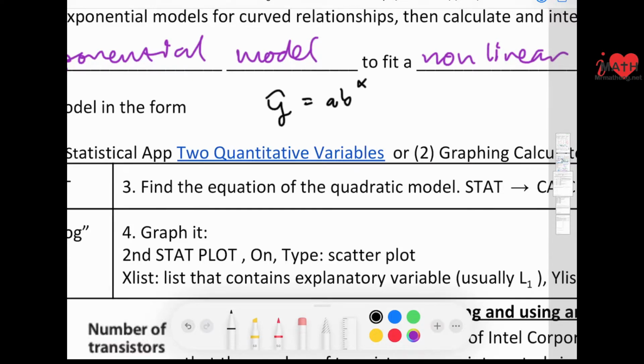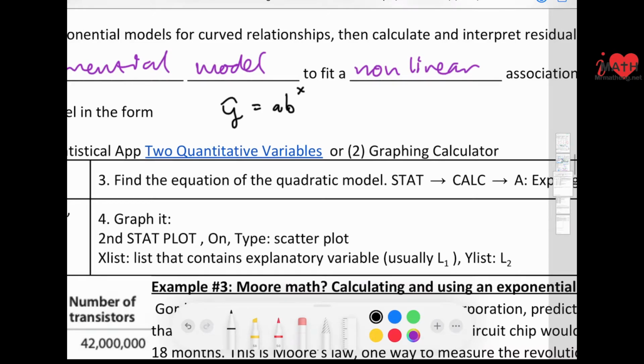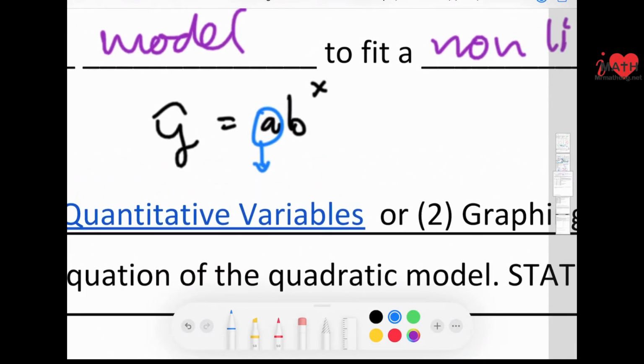And the x, make that clear, is an exponent. Okay, so there's a couple things I want you to note. A here is the y-intercept. The b is what, going back to your previous math class, is called the common ratio.